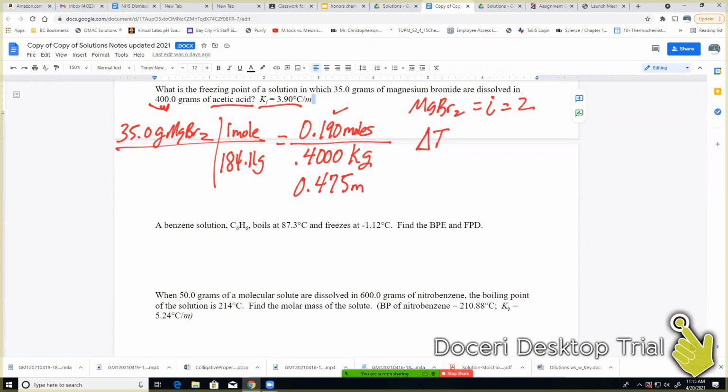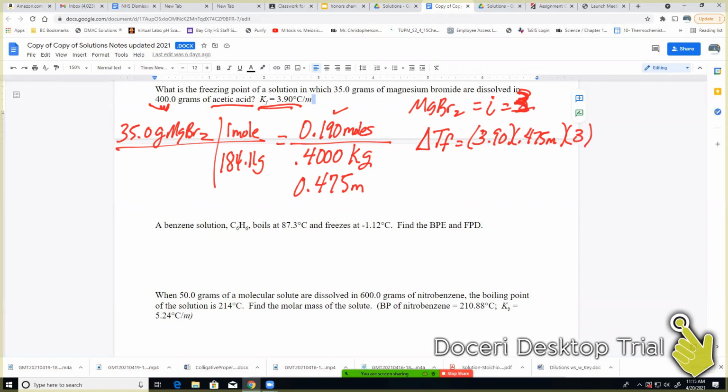So now I have everything I need. I need to find my change, which is going to be my Kf, which was given to me, my molality, which I figured, and then I said my i was 2, but it actually should be 3. I'm sorry, 2 bromine and 1 magnesium. So my i should be 3.